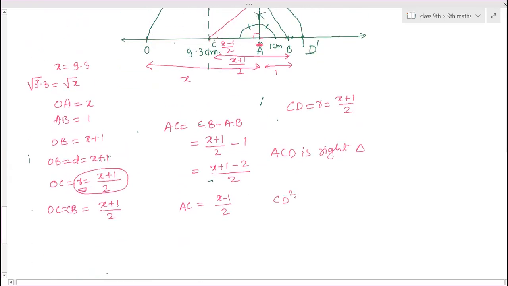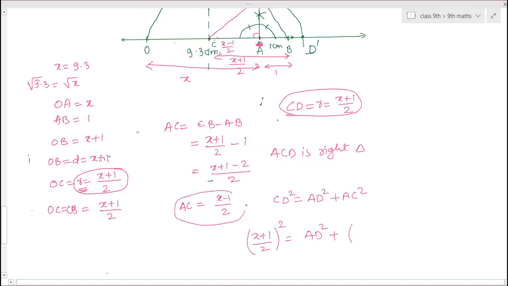CD square is equal to AD square plus AC square. Now substitute the values. CD is x plus 1 by 2 whole square, equal to AD square, which we have to calculate, plus AC square. AC is x minus 1 by 2 whole square.